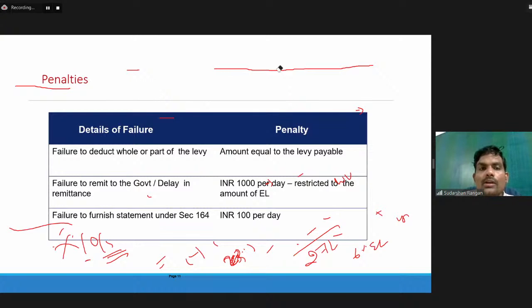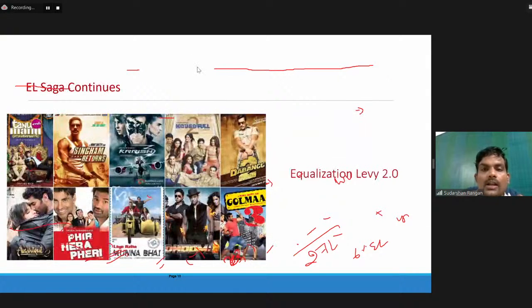So therefore, with this, we are done with one level of transaction, the two types of transactions. We're done with the first set of transactions, which is for online advertisement services. Now, in 2020, when the budget was there, we never had any equalization in the finance bill.